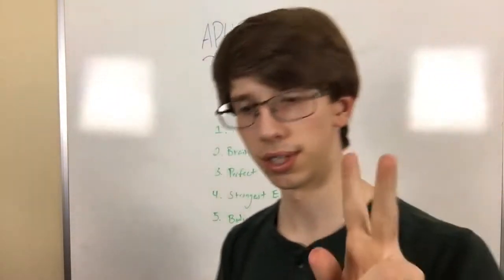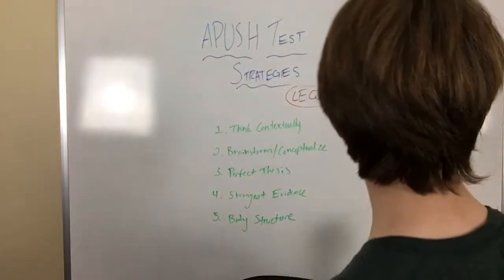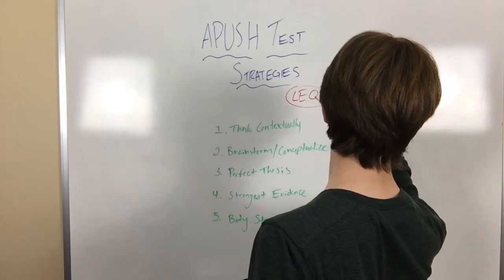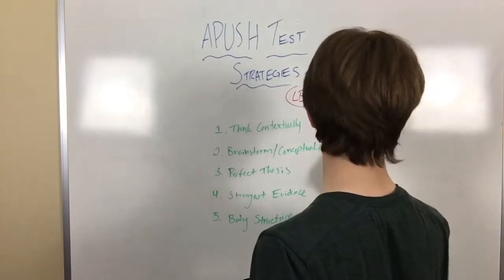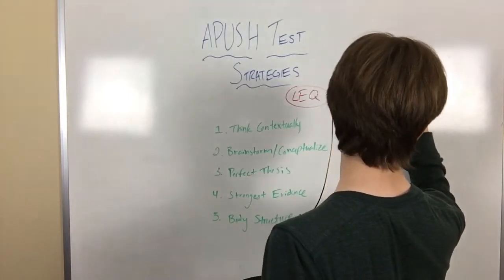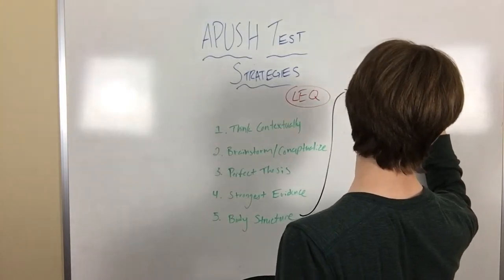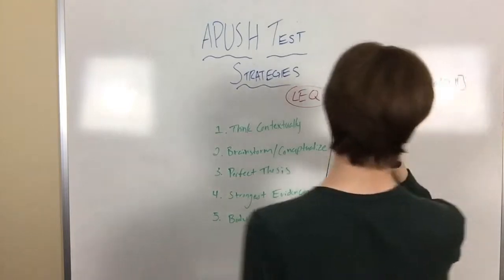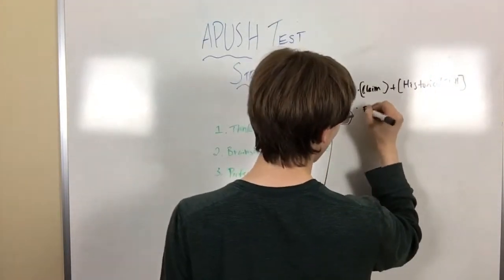Now, if you do 2 historical skills in one body paragraph, you will do your claim, okay, plus your historical skill. Okay, then you will do your evidence.